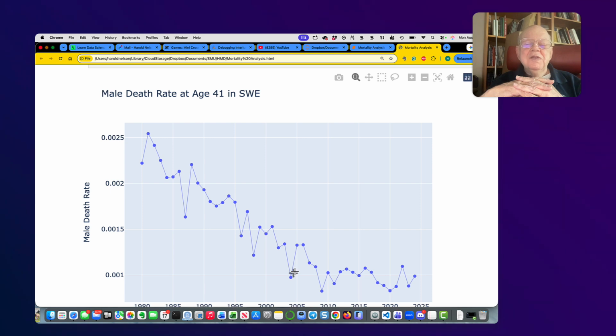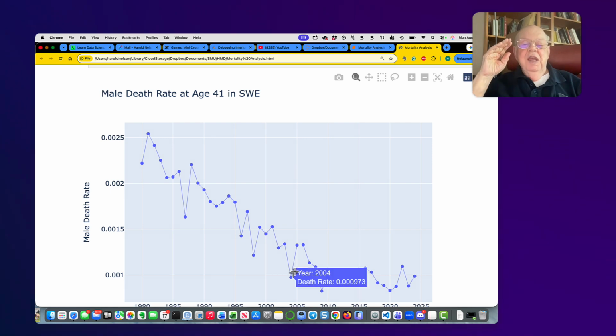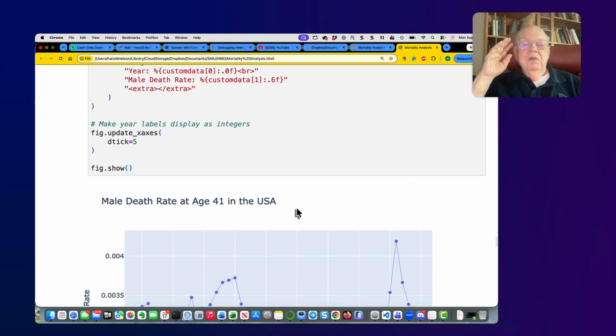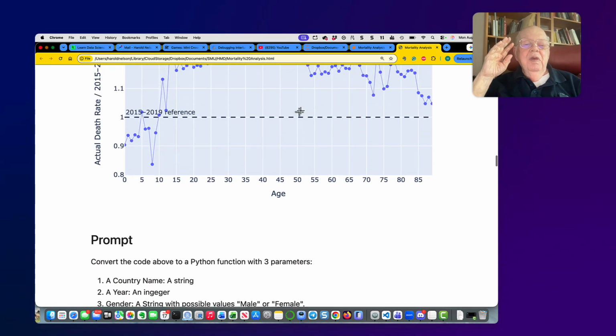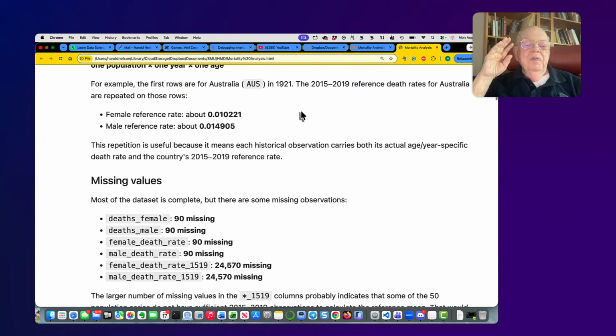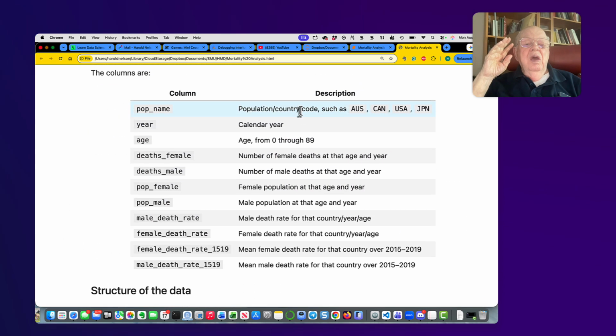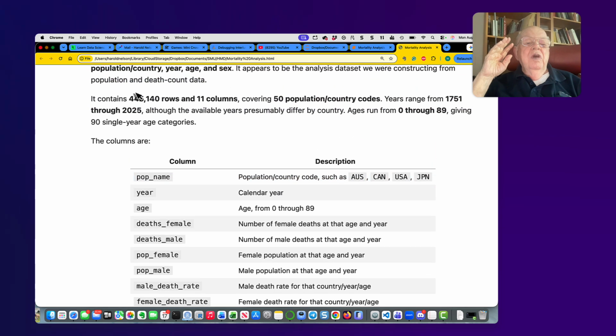And you can see that with the great variety of data that is available here. Let's go back up and review what possibilities there are in this data set. Go back up to the top. There are 445,140 rows.